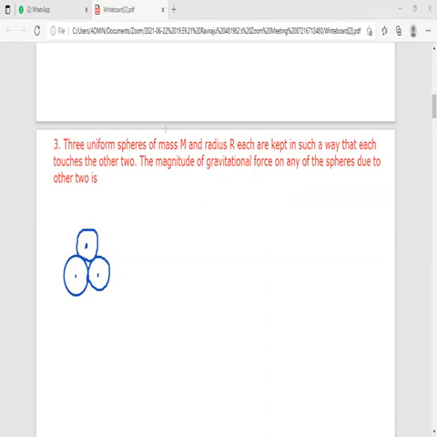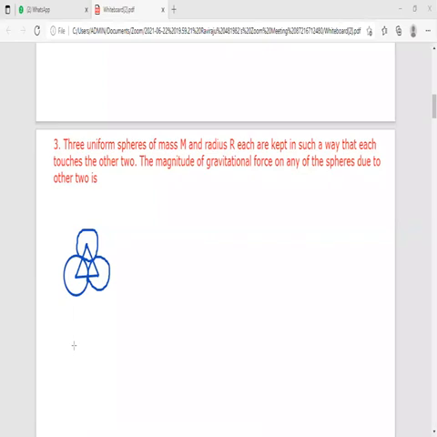The distance between these two will be 2r, because this is r and this one is r, totally 2r. And here also it will be 2r, and here also it will be 2r. That means it just forms an equilateral triangle. In an equilateral triangle, the angles will always be 60 degrees.